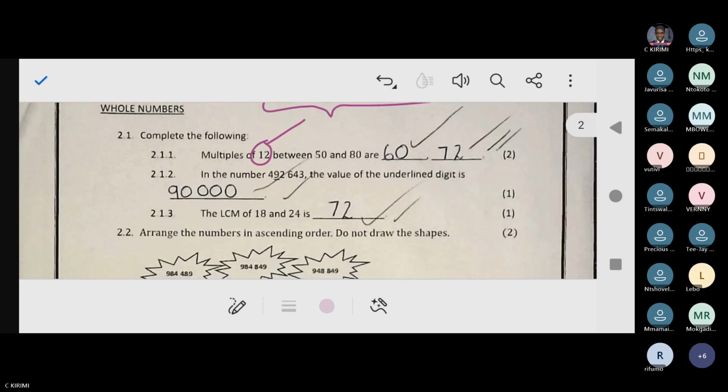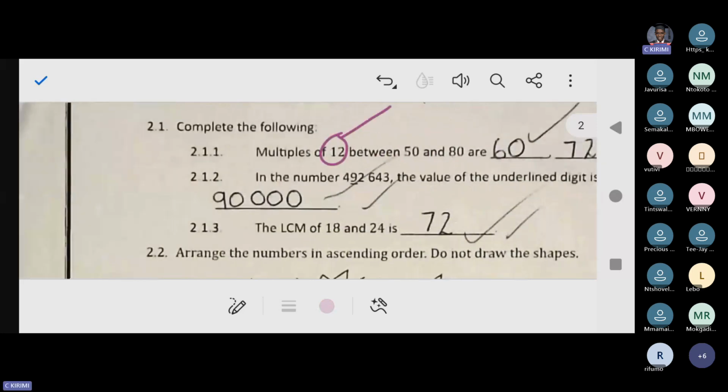All right. In the number 492,643, the value of the underlined digit. So we are given 492,643.